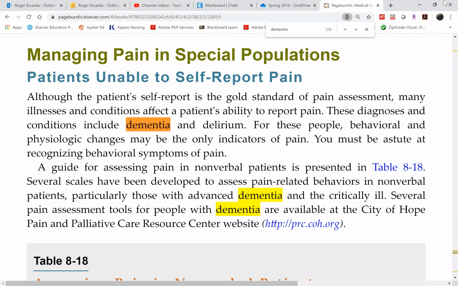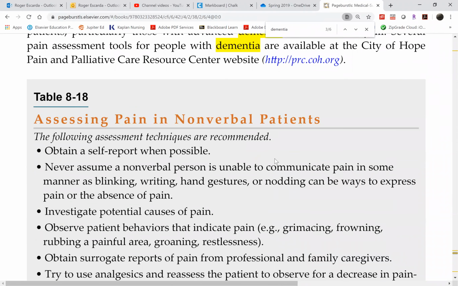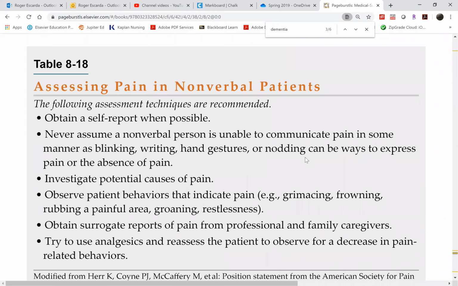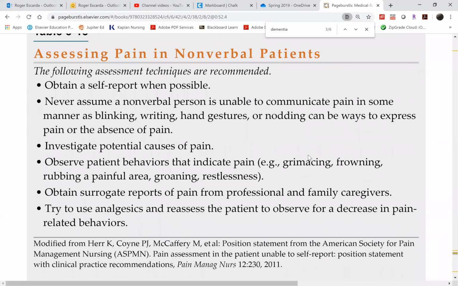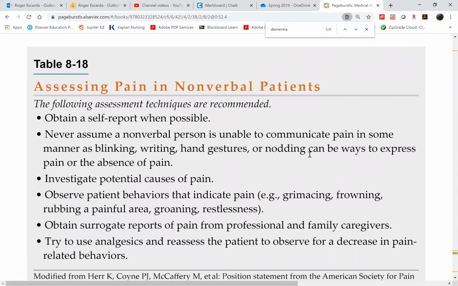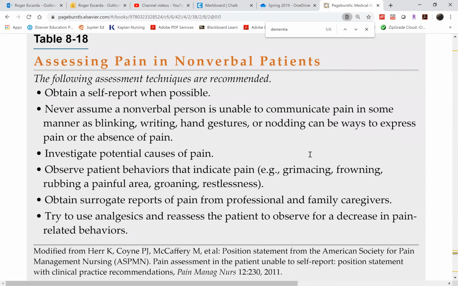What page are you on? This is 126. Thank you. So here is the principle I'm talking about. That's table 818.